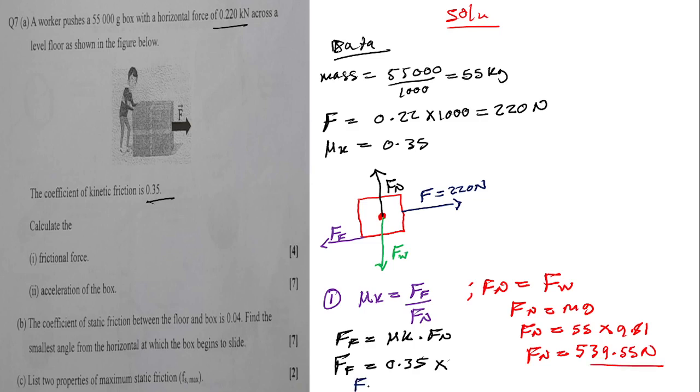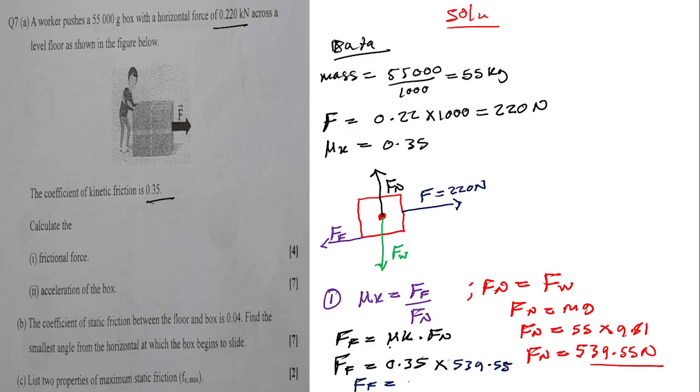So the frictional force is simply equal to 0.35 times the normal force, which is 539.55.